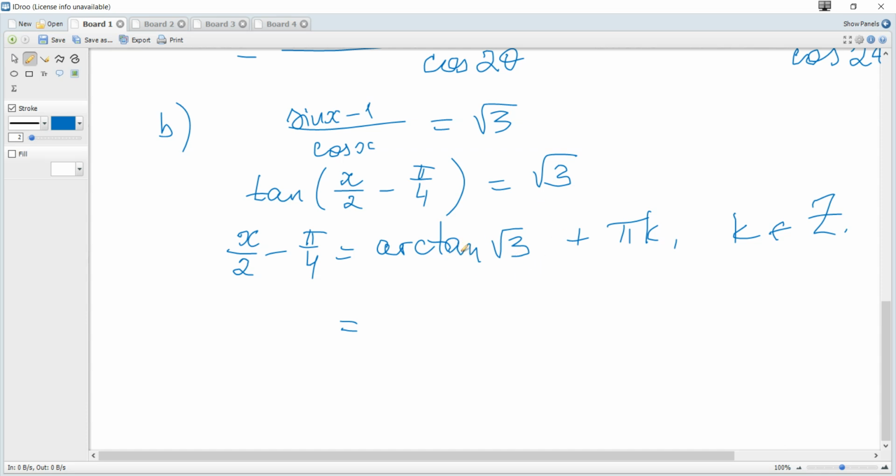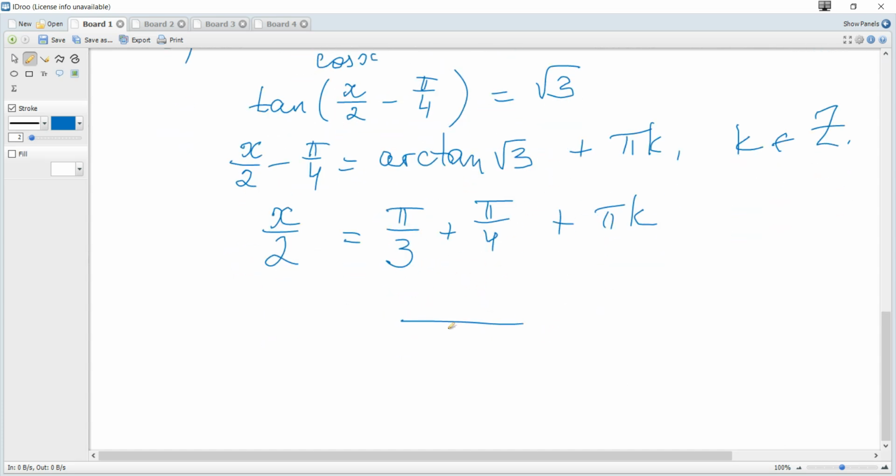Tangent, how to remember tangent, it's sine over cosine, and to get root 3, sine should be root 3 over 2 and cosine is just a half, and sine to be root 3 over 2, it's 60 degrees. So it becomes pi over 3, and this negative or minus pi over 4 to the right becomes plus pi over 4 and x over 2 on the left hand side and plus pi k.